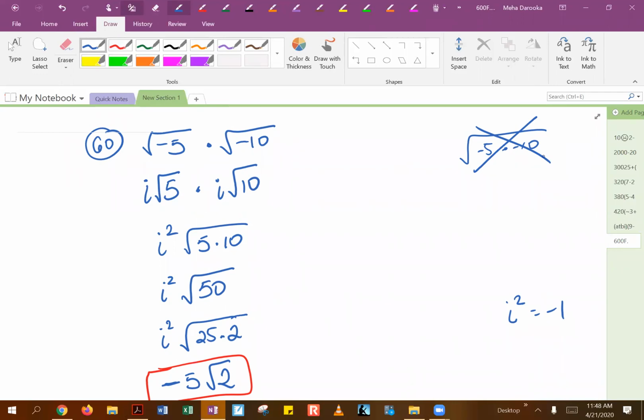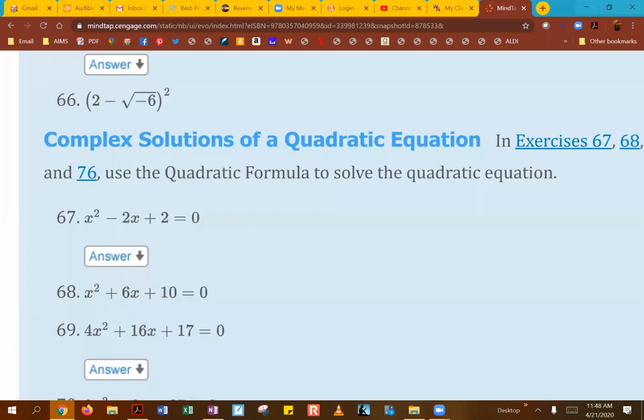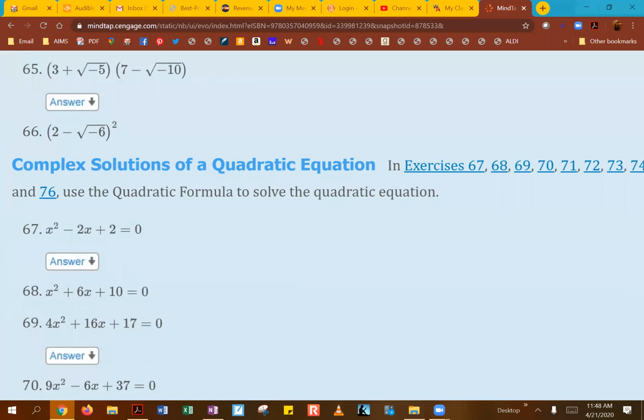Okay, so this next example is going to be one where we talk about using the quadratic formula to solve these quadratic equations.